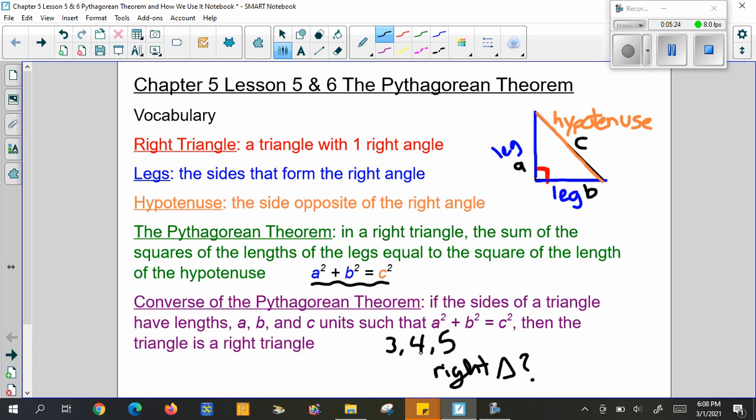Going back to the green definition, the Pythagorean theorem is going to help us find missing measurements.